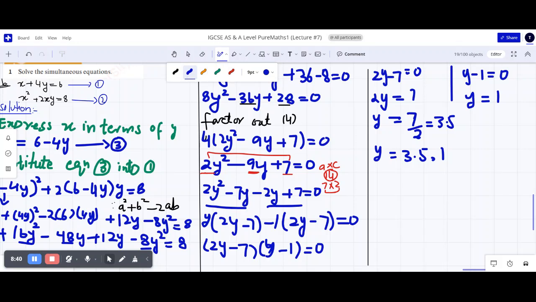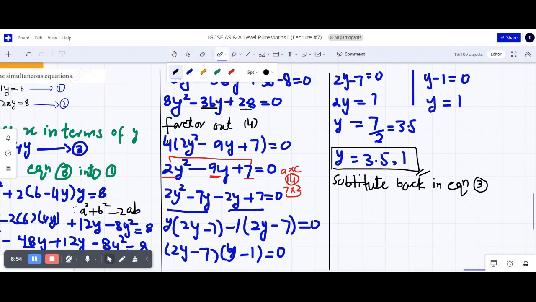Since we are solving simultaneous equations, we need to find the values of both x and y. So we substitute back into equation 3 to find x: x equals 6 minus 4y.